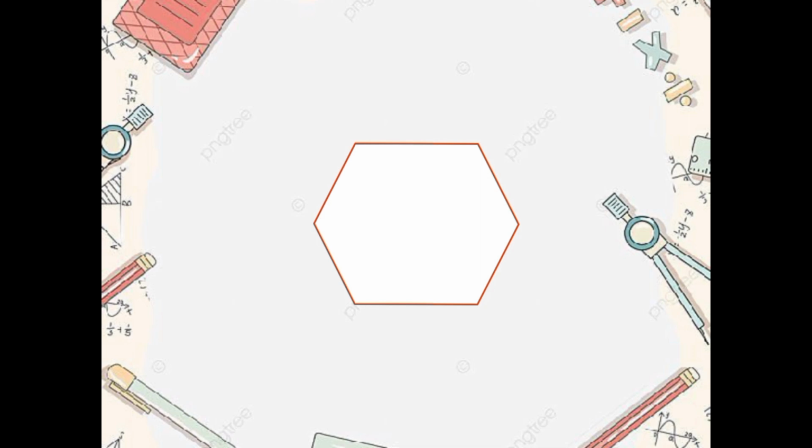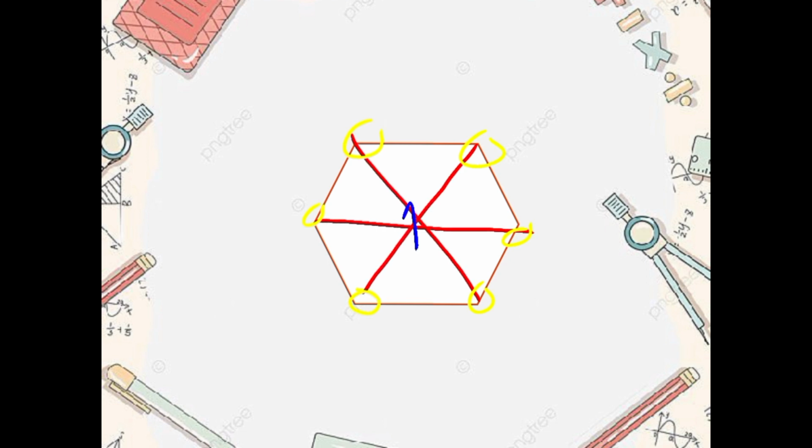So next, a hexagon with three diagonals. We have 1, 2, and 3. So we have three diagonals and the vertices. We have 6 vertices here, and the number 1 at the center.